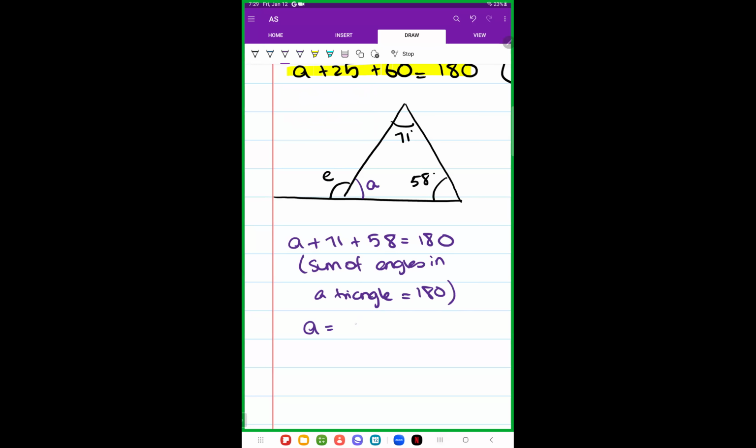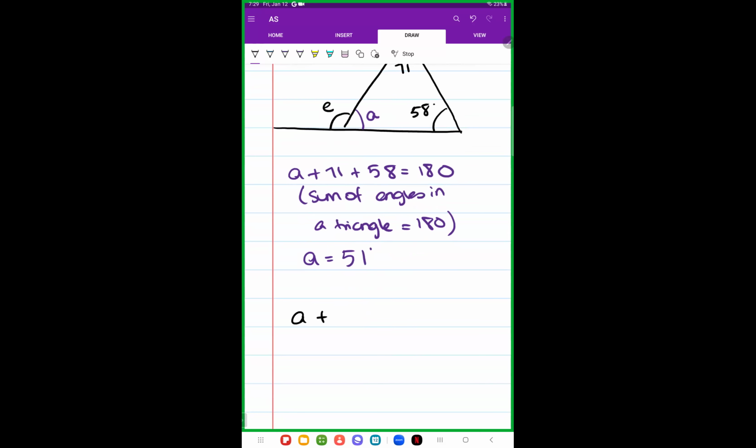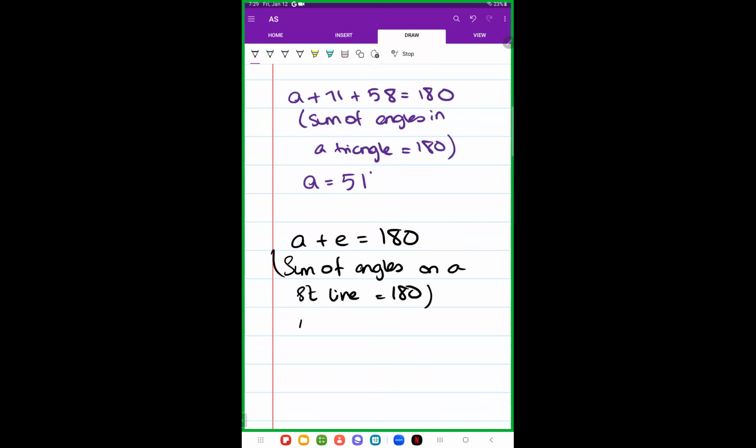Now I can do A plus E is equal to 180. Now you write down sum of angles on a straight line is equal to 180. And A is 51, so 51 plus E is 180. E is equal to 180 minus 51. Make sense? Yes. So it's going to be 129.